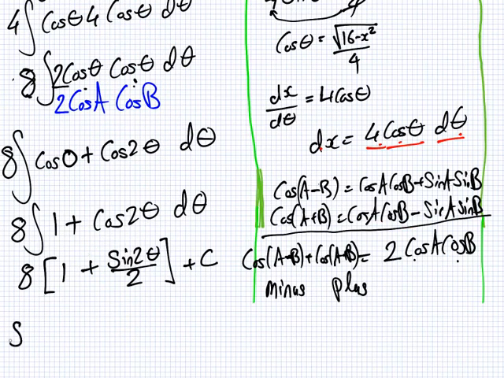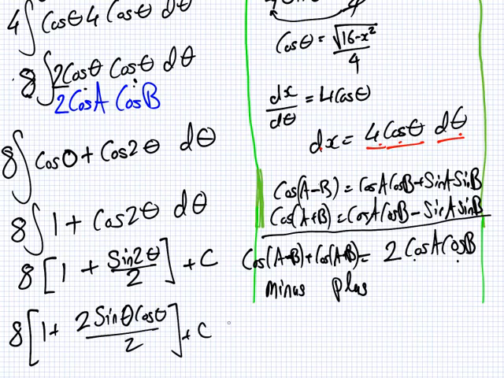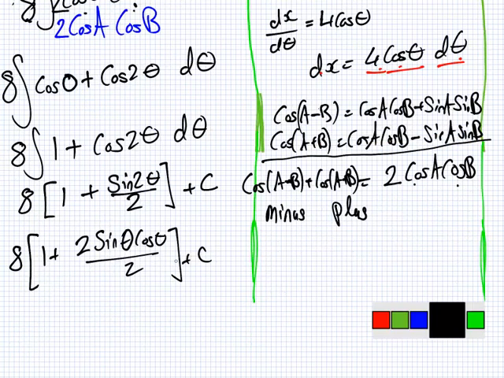What is the rule for sine 2 theta? 2 sine theta cos theta over 2 plus c. Now what happens here? Well, the 2's cancel, don't they? Yes.